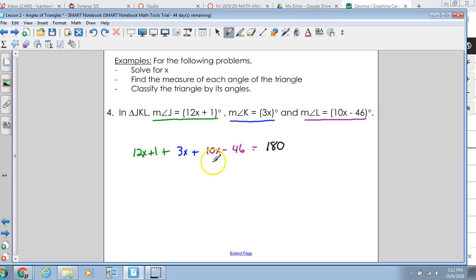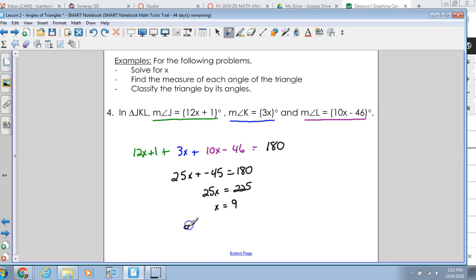Now, if we want to use algebra, we could combine these. 12x plus 3x plus 10x makes 25x. Plus 1 and minus 46 gives us a negative 45 equals 180. If we add 45 to both sides, we will get 25x equals 225. And when we divide by 25, we get x equals 9.